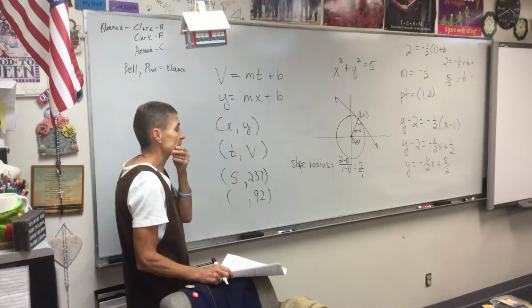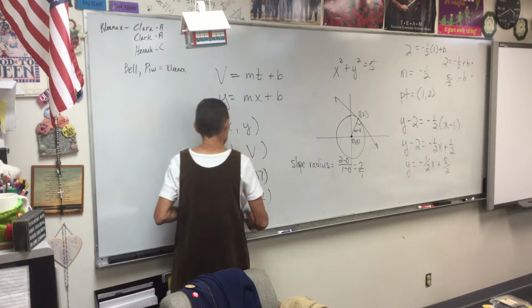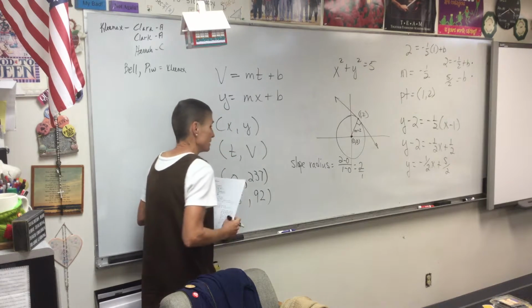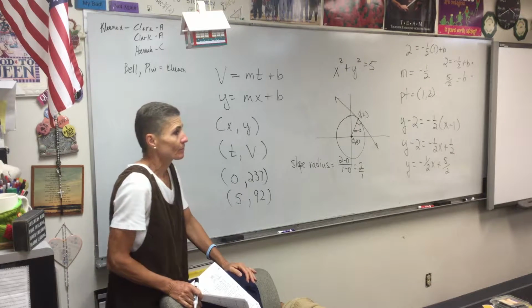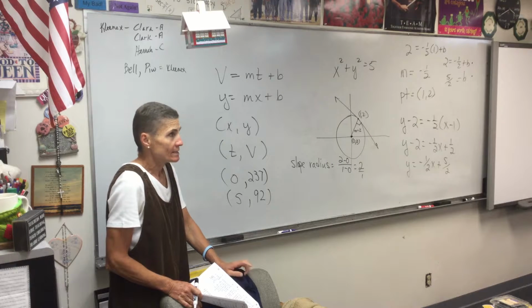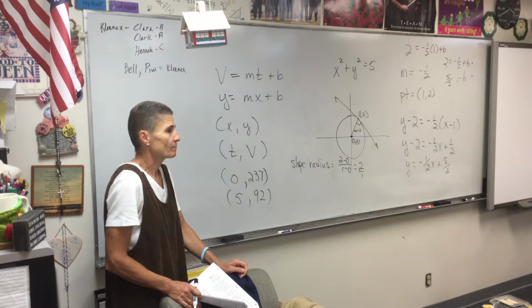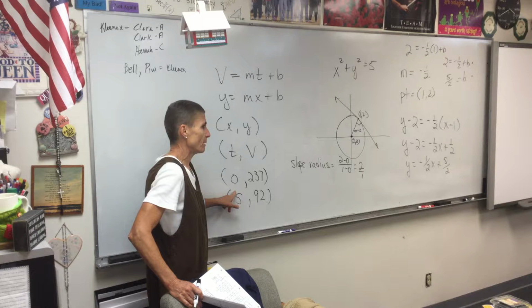Let's think about this. I'm going to change your ordered pair for a minute. Tell me about that. Does that make sense to you? I know it said 5 years ago, but wasn't that the original value of the bike? 237 was the original value of the bike.